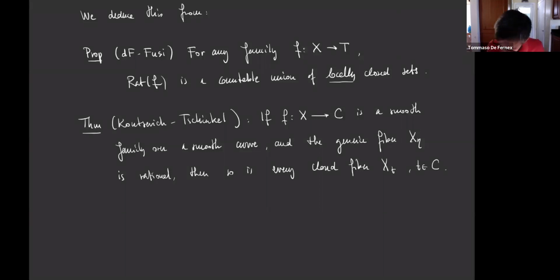Of course, the rationality of the generic fiber will be over the function field at the generic point, which is the function field of the curve.